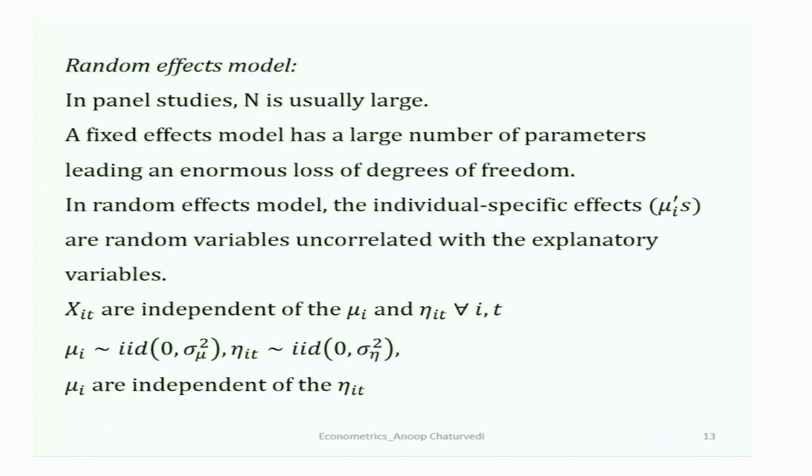Random effects model. Now, in panel studies usually capital N is large. If capital N is large, meaning the number of cross section units is very large, then a fixed effects model has a large number of parameters, a large number of mu_i's, and this leads to enormous loss of degrees of freedom.